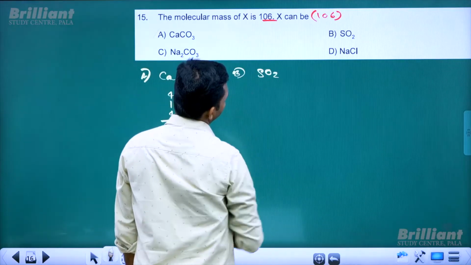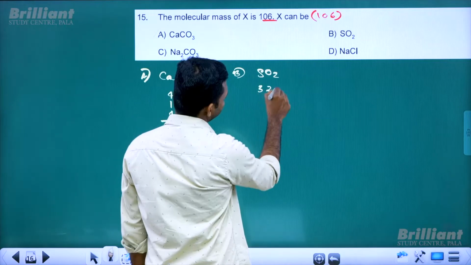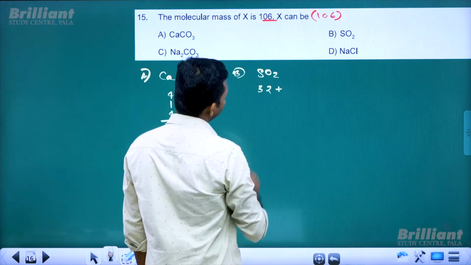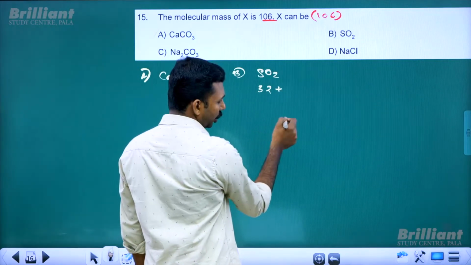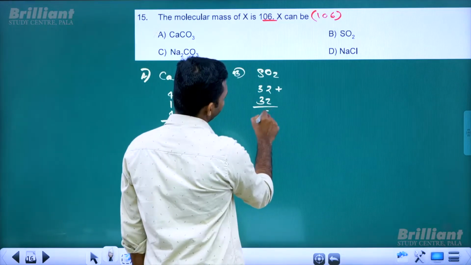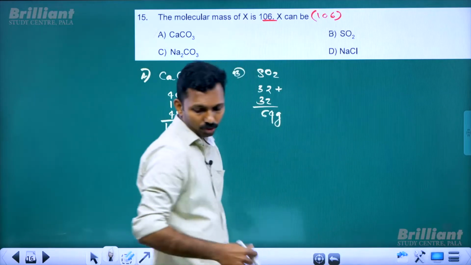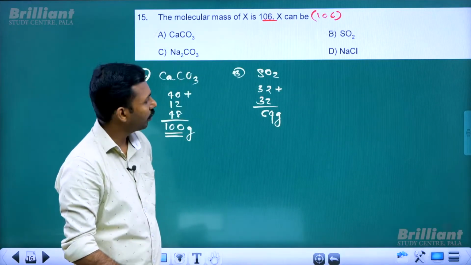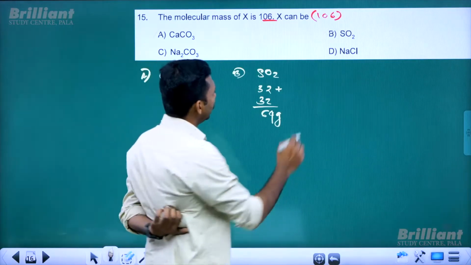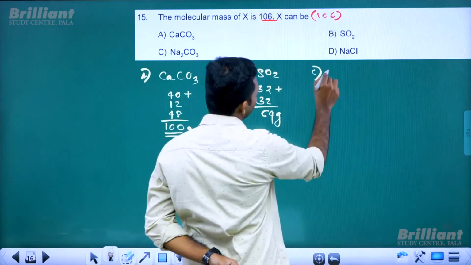SO2. Sulfur is 32 plus oxygen 16 into 2, that is 32, so 64 gram. So SO2 cannot be considered either. Next is C, Na2CO3.